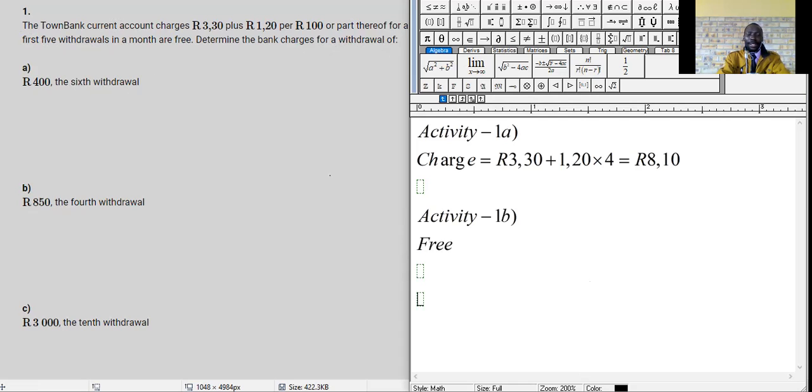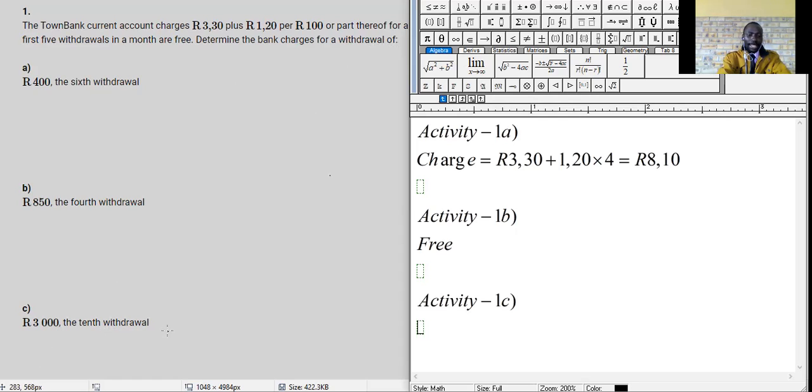A real good deal. Then in the next activity, that is in activity 1 part C, what we are supposed to do is to calculate the bank charges for a withdrawal of 3,000 rands, this being the 10th withdrawal.